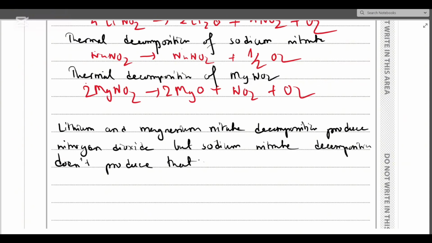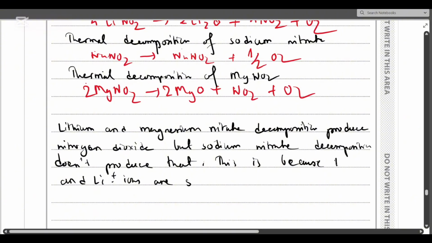You can say this is because magnesium 2+ and lithium ions are, you can talk about lithium at first, it would be better.